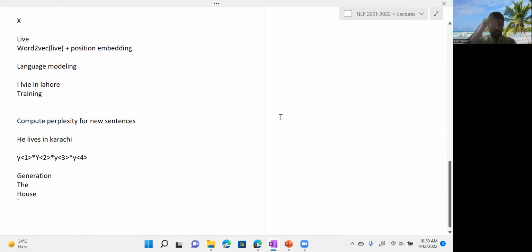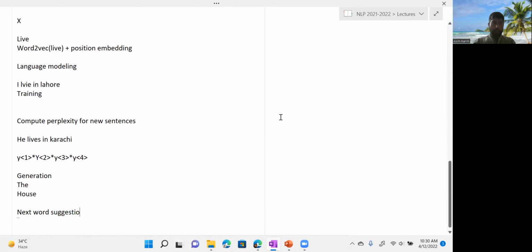So similarly, another application is, for example, something you're all familiar with: next word suggestion. You're typing something on, let's say, Facebook or whatever. You have already written a few words, and then the system will recommend the next word.